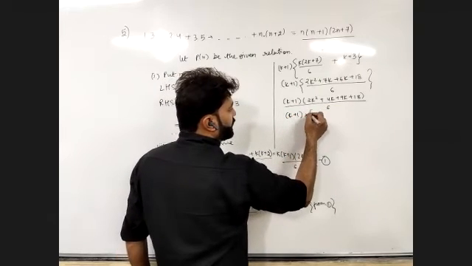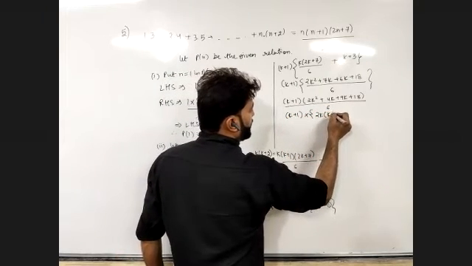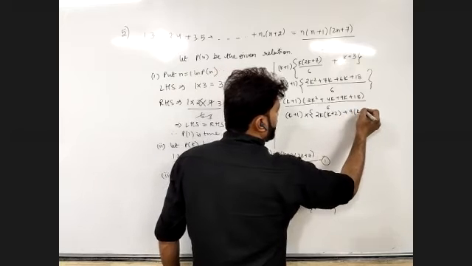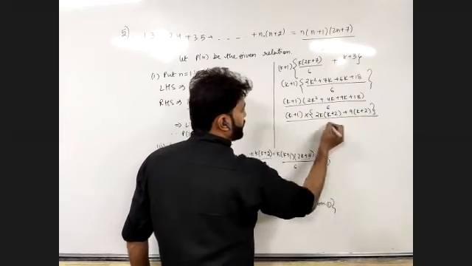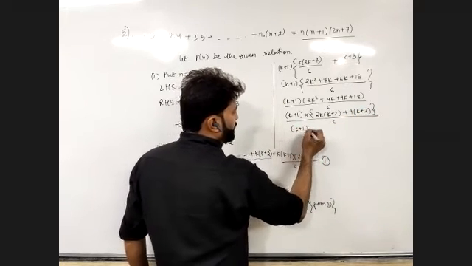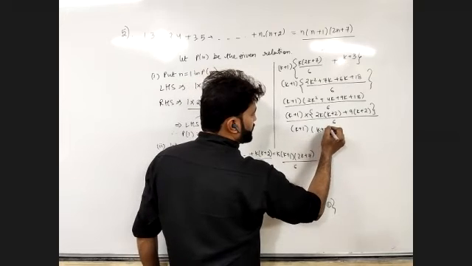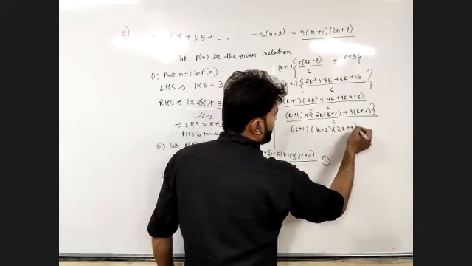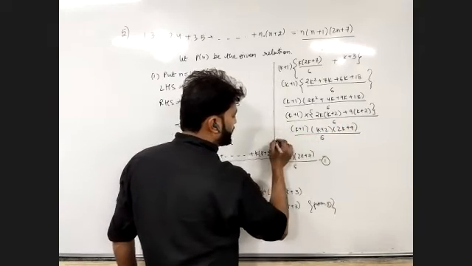K plus 1 into 2K common, this will be K plus 2, plus 9 common, K plus 2, whole upon 6. So K plus 1, K plus 2 and 2K plus 9 whole upon 6. Am I clear with it?